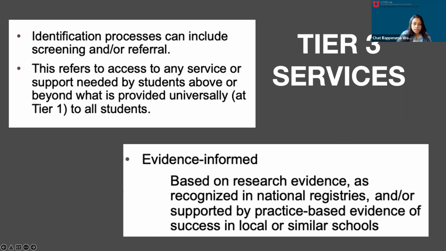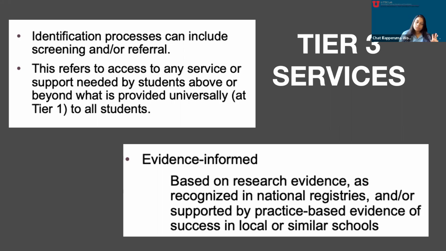The other thing is, if you think of everything your school or your district provides for tier 3, if you take all of the tier 3 services that are provided by your school, how much of those are evidence informed? Are all of the services you provide evidence informed?